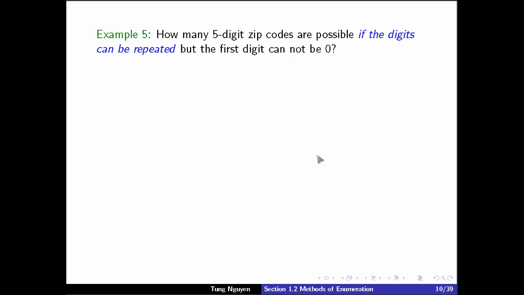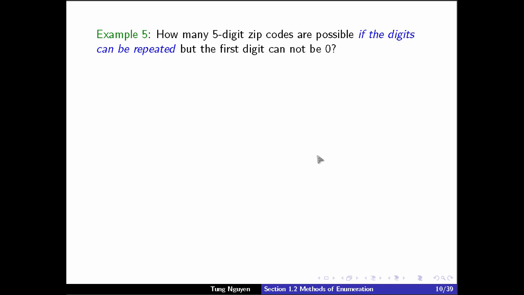In the next example, this time there is a restriction. That is, the first digit cannot be 0. So this time the only thing changed in this problem compared to the first one is on the first digit.